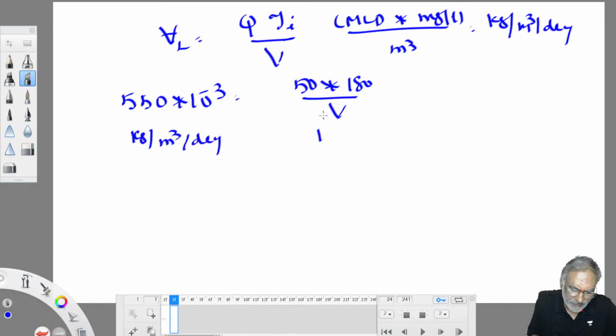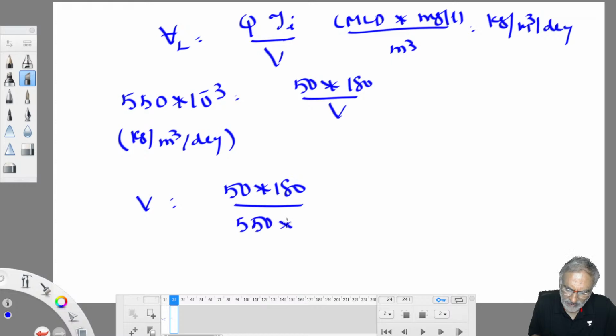So from this we can calculate the volume of the aeration tank. Just with the unit system we can adjust it, you can find it out.